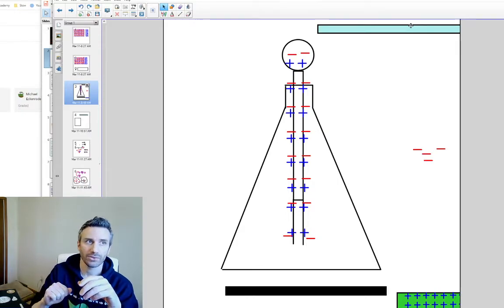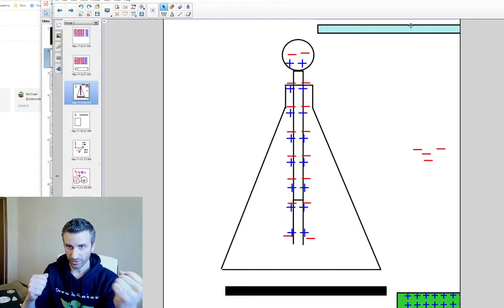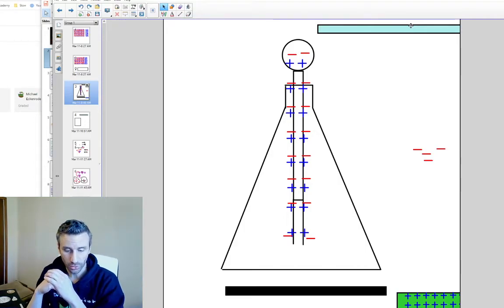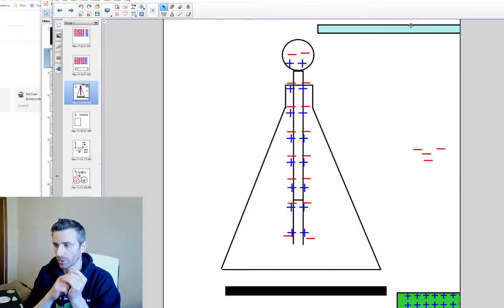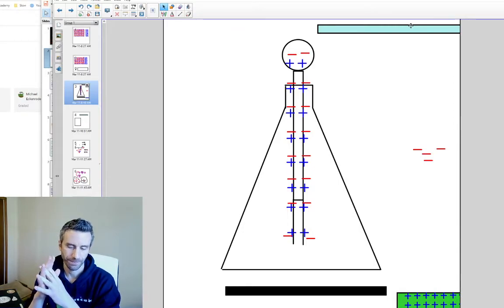For as much charge as you gain on one object, you lose that much on the other. To be clear, that is known as the conservation of charge. That is a very clear and important concept, that it is a physical object that's actually transferring from one object to the other, that electrons are transferring.